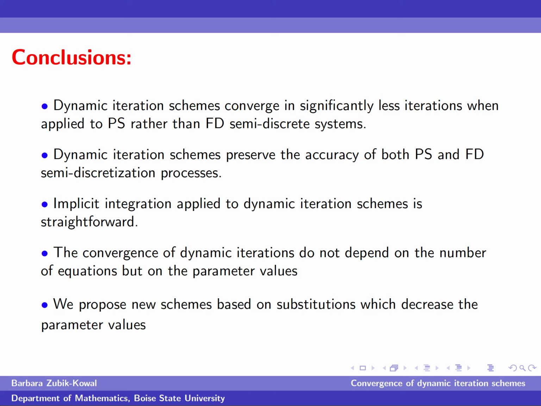Then the next conclusion is that dynamic iterations don't depend on the number of equations but on the parameter values. And finally, we proposed new schemes based on substitutions which decrease the parameter values and thus accelerate the convergence of the schemes.